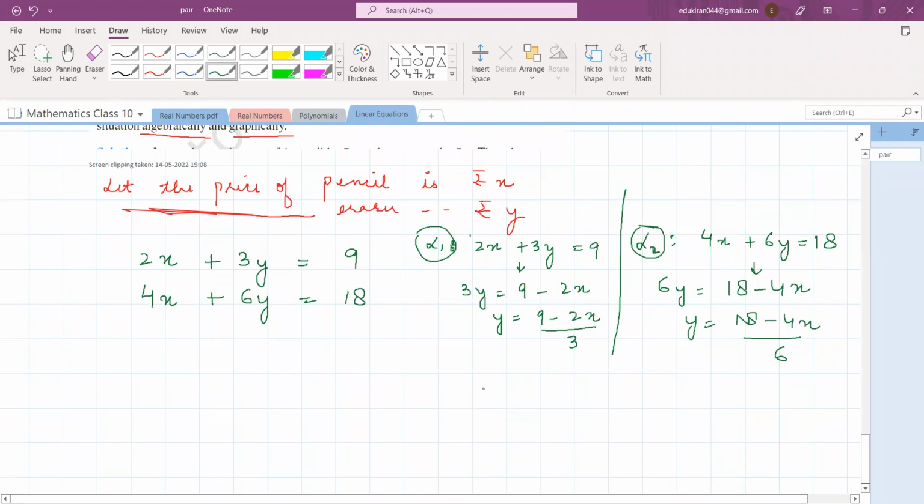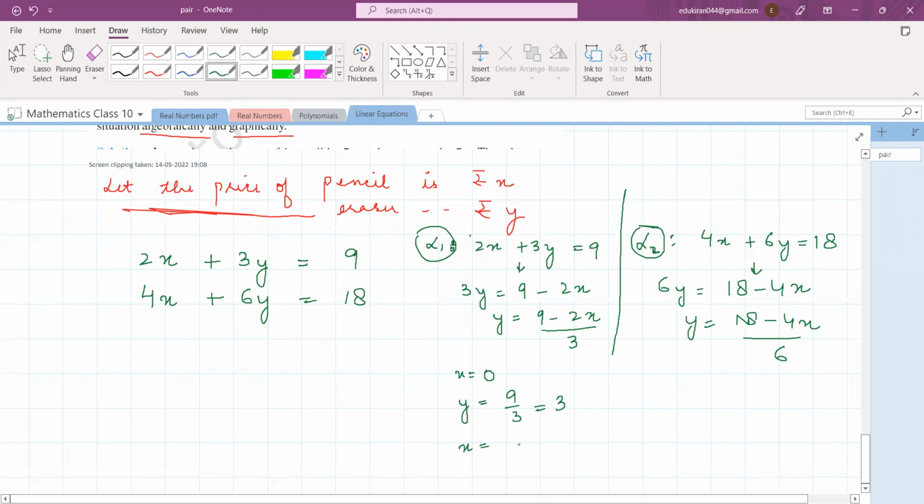Now take values. Let's say if I take x is equal to 0, how much is y? Y is 9 by 3, which is equal to 3. Good. Take another value, x is equal to 2. 2 into 2 is 4, 9 minus 4 is 5, so I'll get 5 by 3, which will be a fraction.